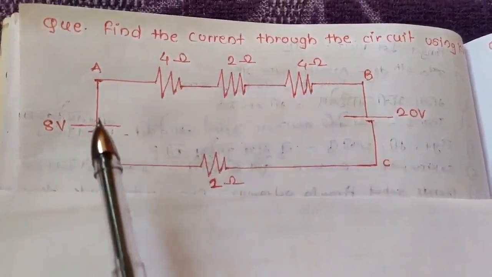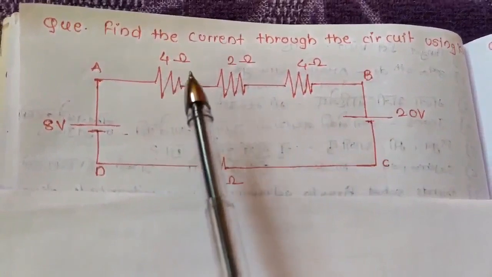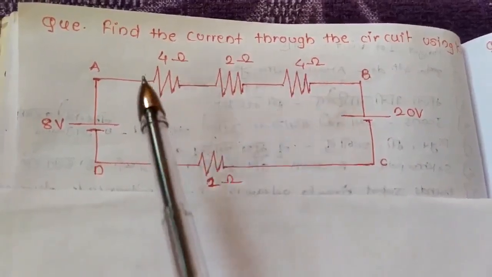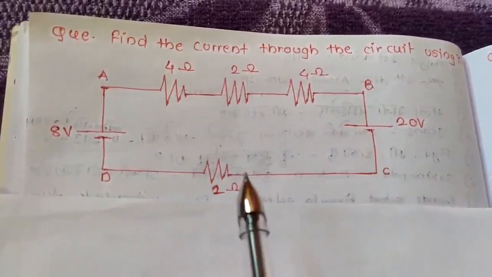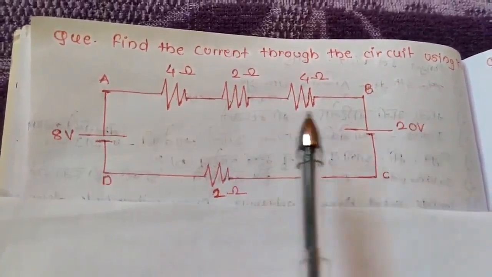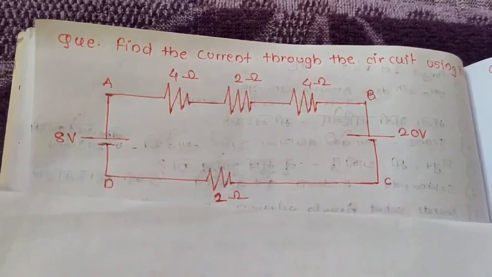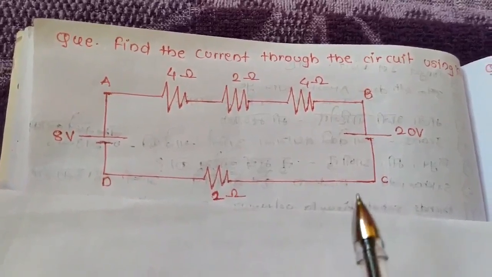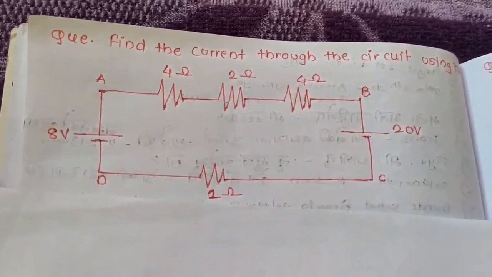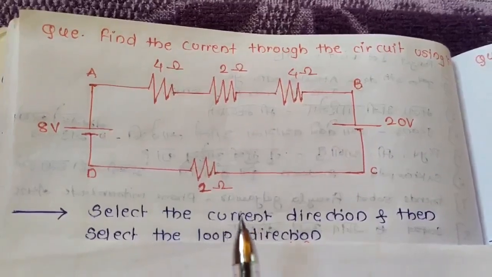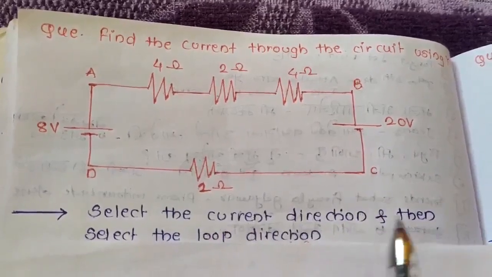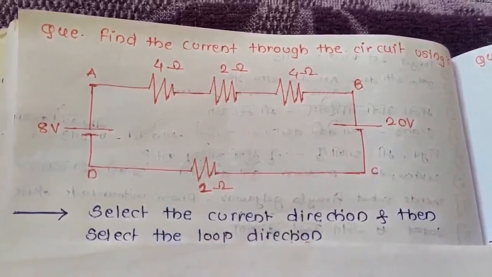The circuit has two sources and four resistances which are in series because there is no division of current. But we are given two sources. Then how can we find the equation and the current value? Let's see. First we select the current direction and then the loop direction.